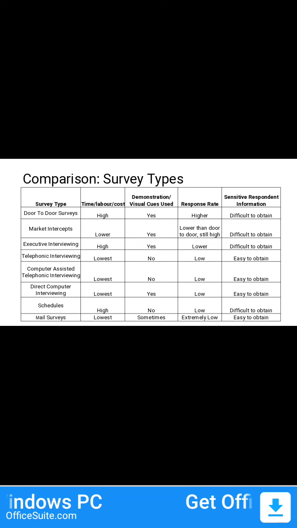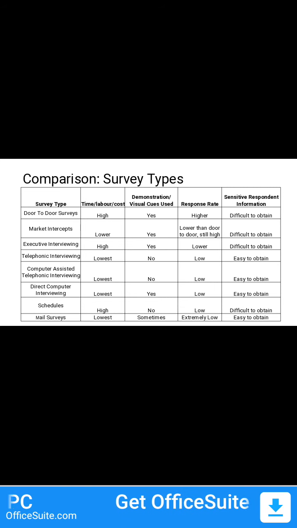And that is why, in case you want to ask a sensitive question, which type of survey would you prefer? Would you go for a mail survey, or a face to face interview? You would go for a mail survey, because there the respondent and the researcher are not interacting with each other, they do not know each other, and that is why the respondent will feel comfortable coming out with truthful responses. You understand the point?